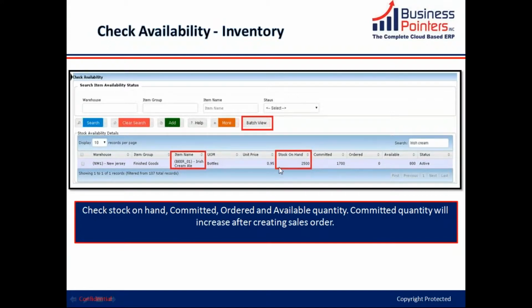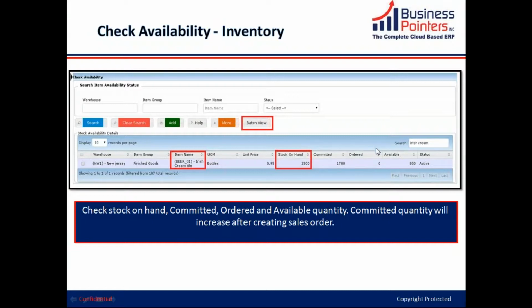Here we have the stock on hand. What is the current stock on hand right now? How much have you committed to your customers? The system will count the number of sales orders and the quantity that you've committed to all your customers, and give you the committed quantity here.